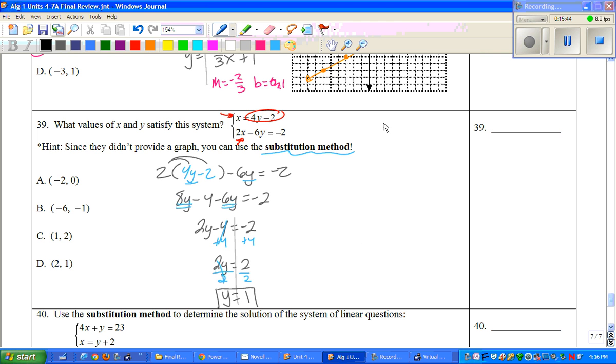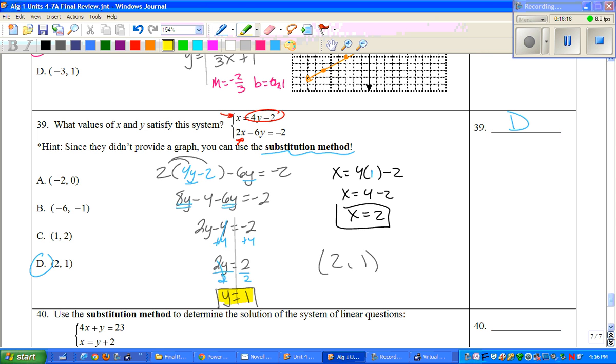Now that we know what y is, plug it into the x. 4 times 1 is 4, and 4 minus 2 is 2. So our answer is 2, comma 1, which is D.